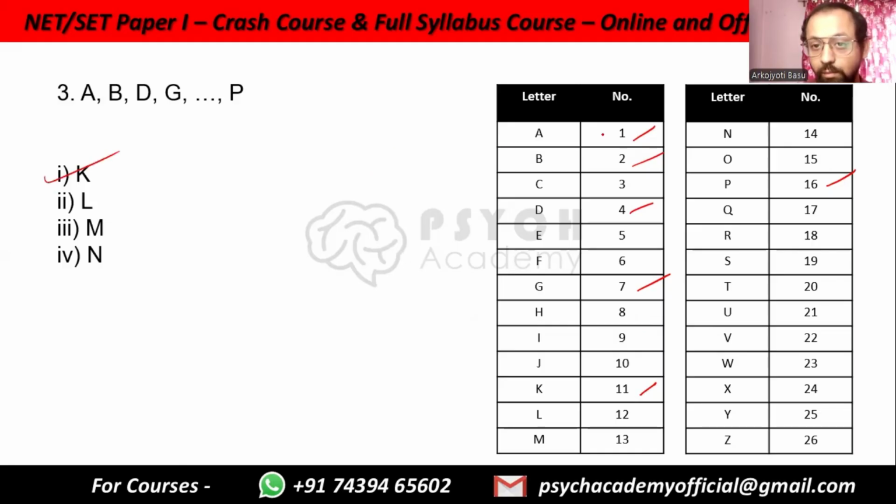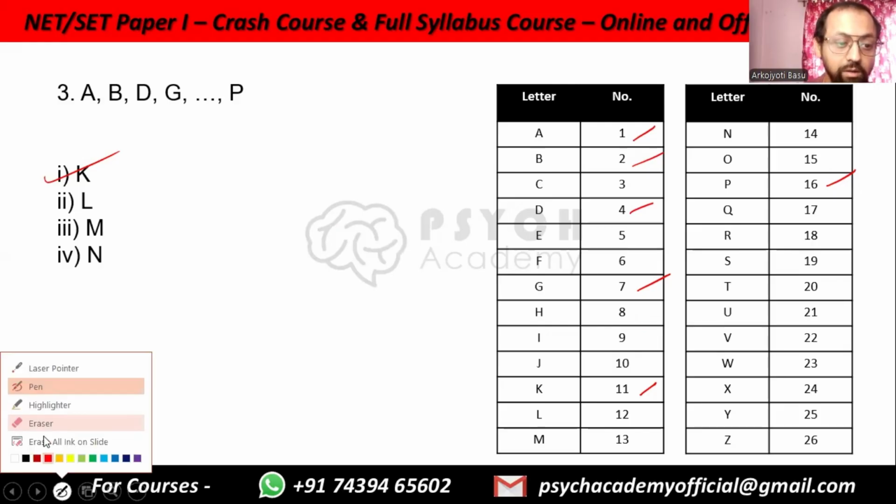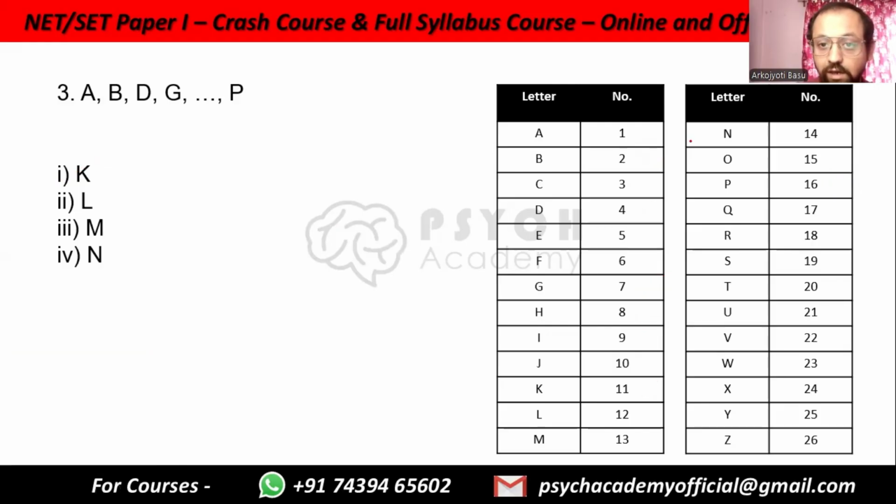So this is how we did it. I'll do it once again so it's clearer to everybody. I'll write it down. A, B, D, G is 7, and we have P, that is 16. So what are we getting? 1, 2, 4, 7, gap, 16.